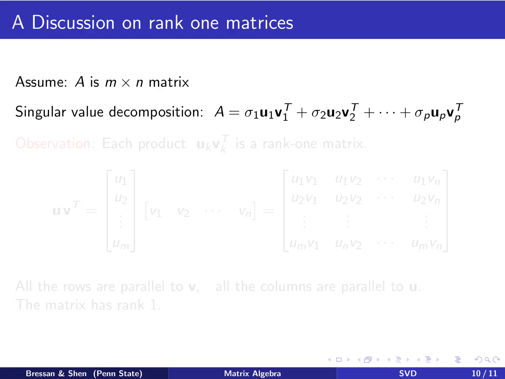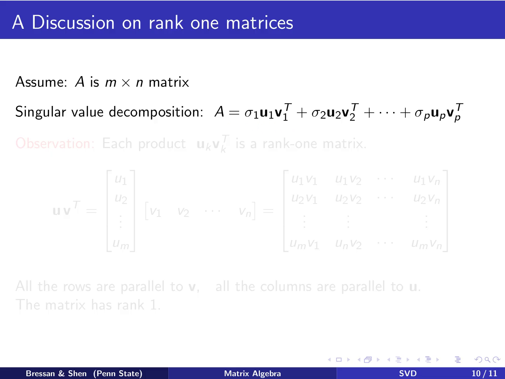So as a final discussion, we will talk about rank 1 matrices. So assuming A now is an n by n matrix, we know from our singular value decomposition theorem that A can be written as the sum of all these matrices. So what are these matrices?